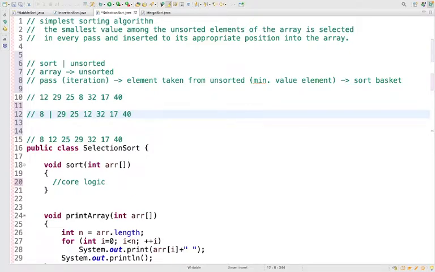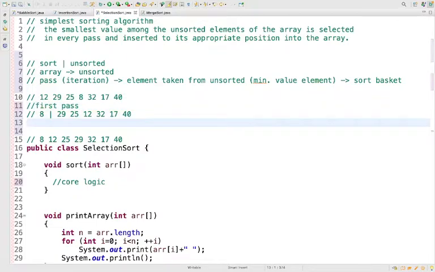Once we find the smallest element, we'll swap the value from 8 to 12. We're just exchanging the places, but the basket of 8 will be kept as it is. Now the next remaining unsorted values will come on the left hand side. Again, this is the first pass, you can say.